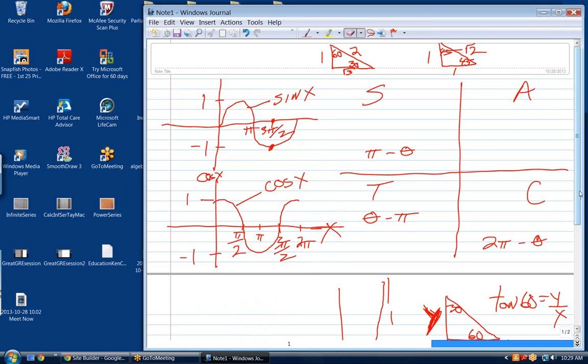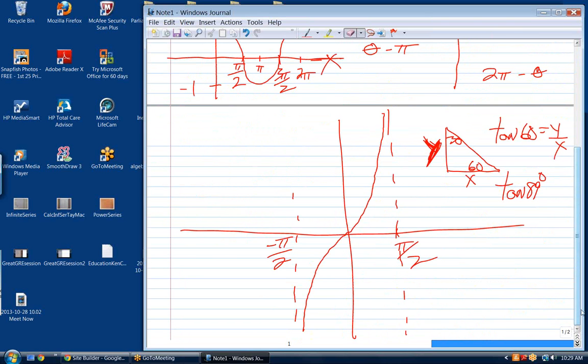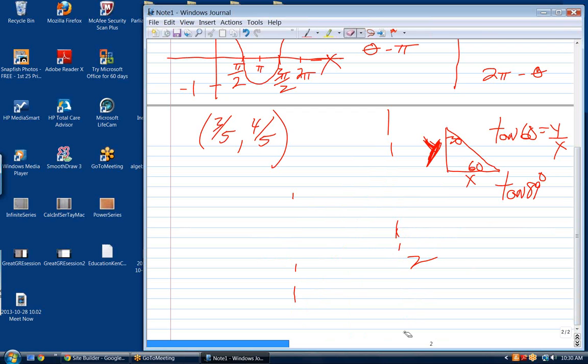So the terminal point determined by a real number is given. Find the sine of t, cosine of t, and tangent of t. Okay. The coordinate is 3/5, 4/5. So here, let me erase this tangent curve.